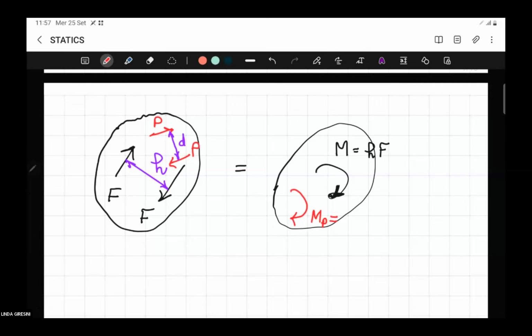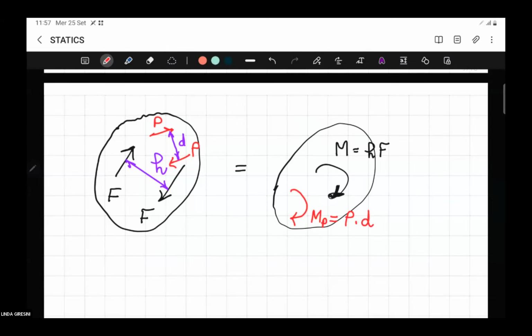For example, we can call it MP, P times D. To have, like, in practice, two moments in one place.